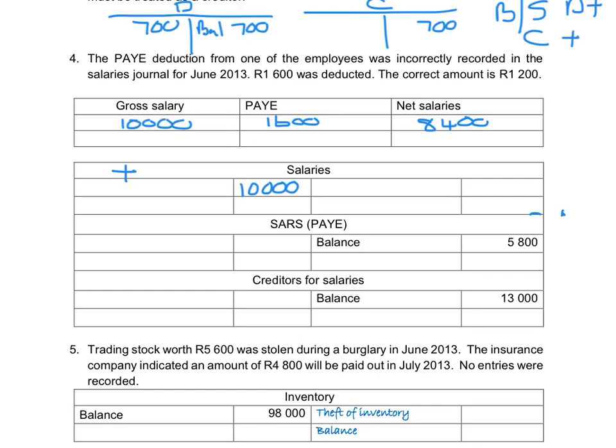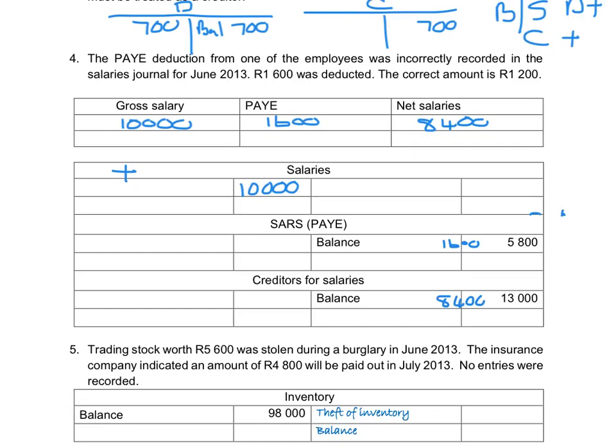So included in this 5,800 is 1,600 that we recorded there. And then we showed that the amount that we owed to the person was the 10,000 minus the 1,600. So included in that 13,000 is the 8,400 that we already recorded.